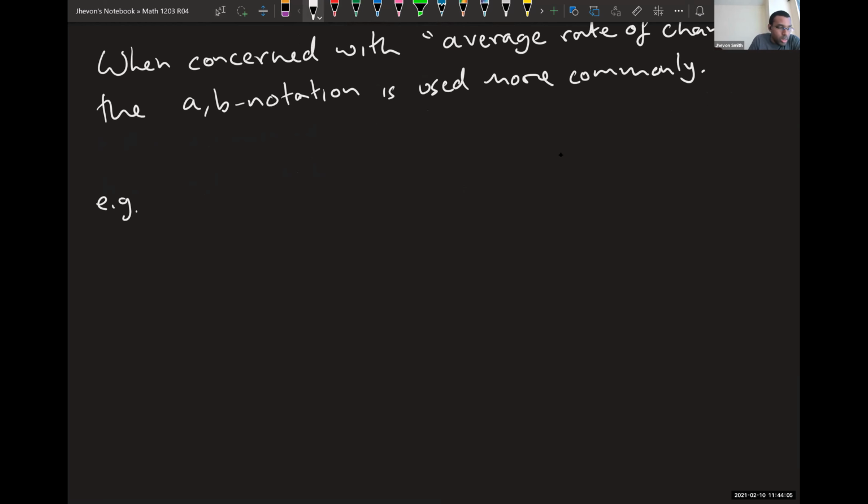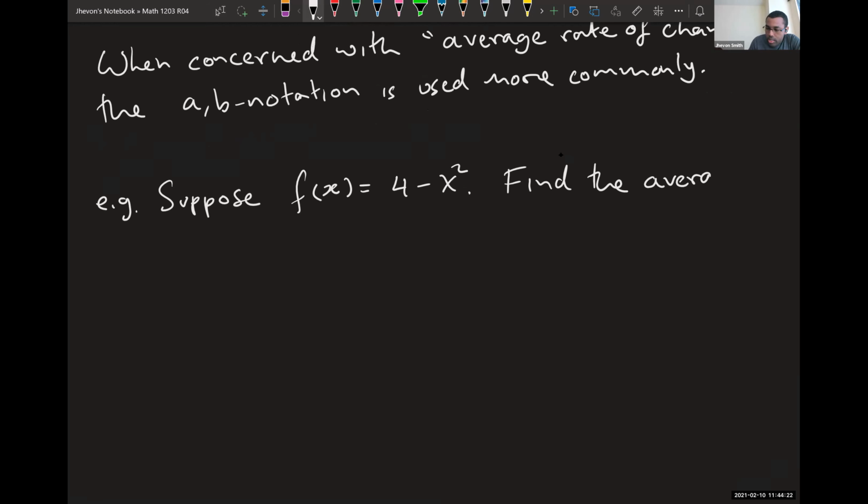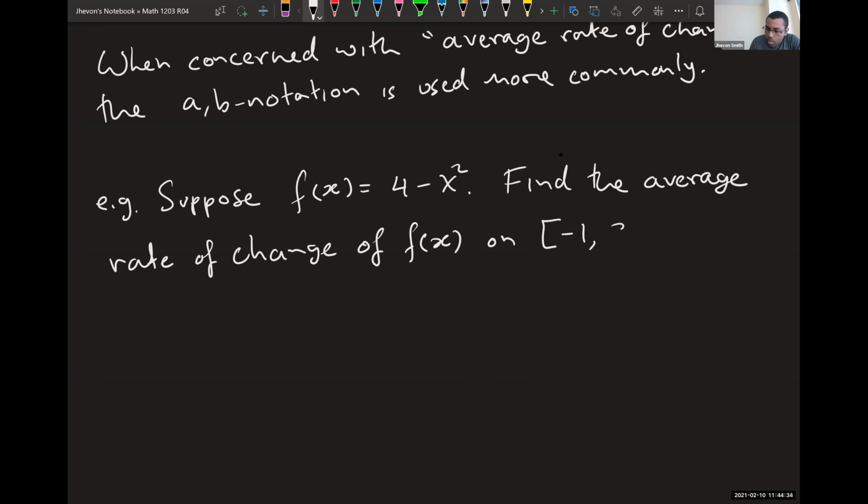Here's an example. Suppose f of x equals, let's make it 4 minus x squared. Find the average rate of change of f of x on, and I'll give you an interval, [-1, 3].